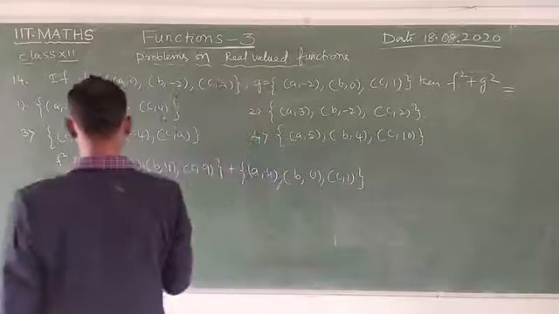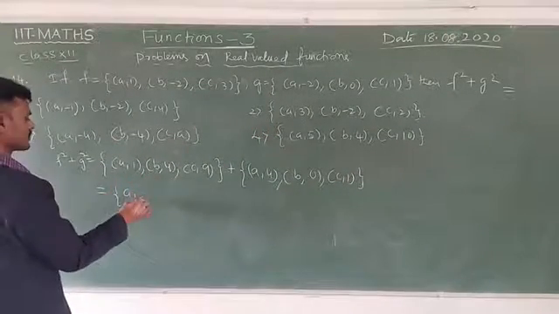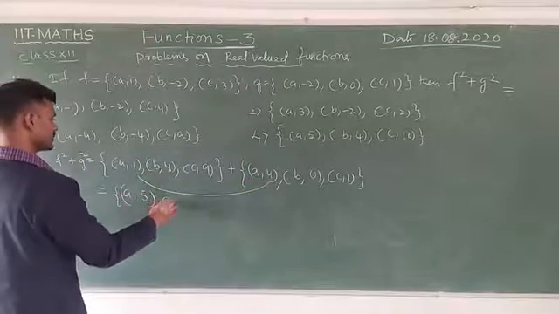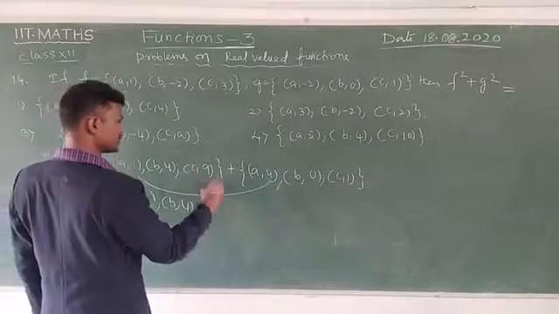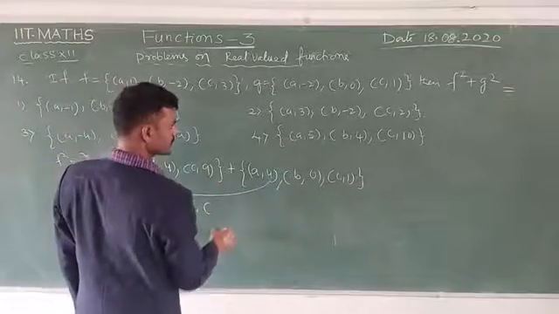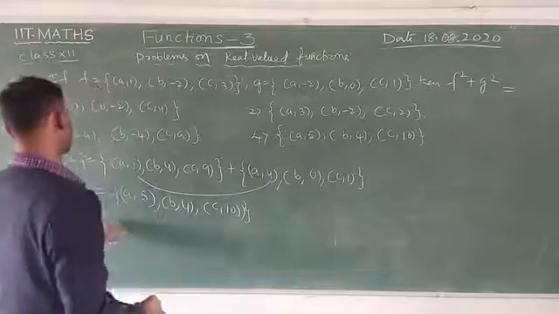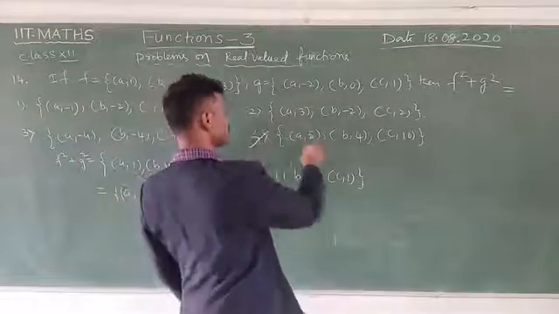Now you can add these two. Here a comma 1 plus 4 5, next b comma 4 plus 0 4, next c comma 9 plus 1 10, c comma 10. Now see here which option, here a comma 5 b comma 4 c comma 10, this is fourth option. Note down.